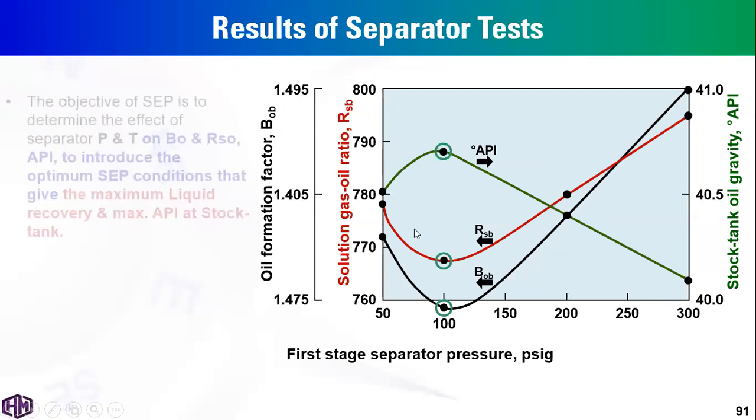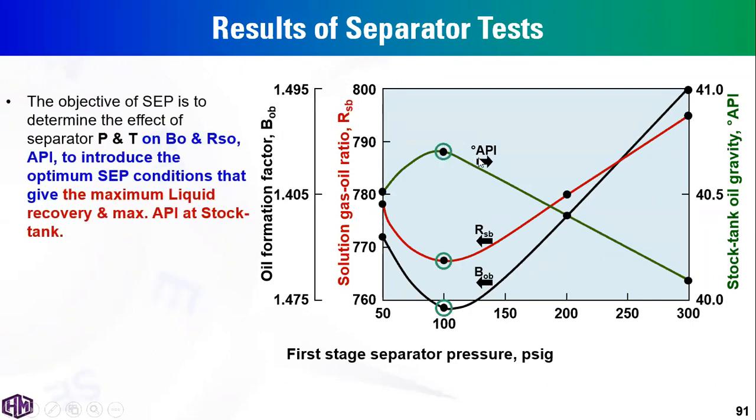This is the optimum condition, which means we have the highest API, lowest solution gas oil ratio, and lowest oil formation volume factor. So this is the optimum first stage separator condition. It's 100 psi gauge. This is the parameter we can control to optimize these separator conditions.